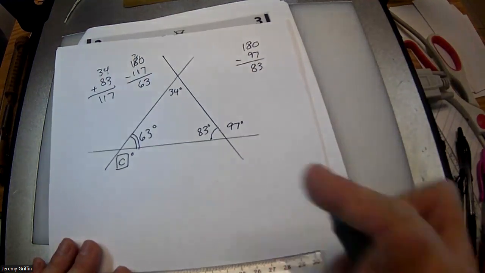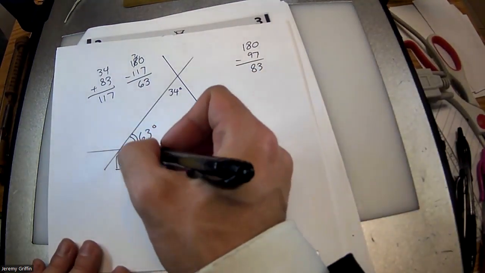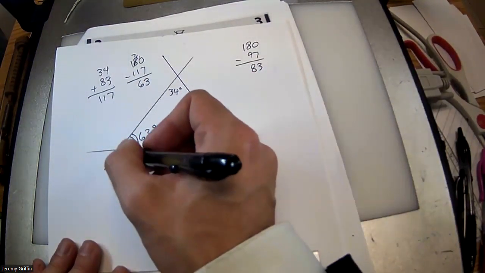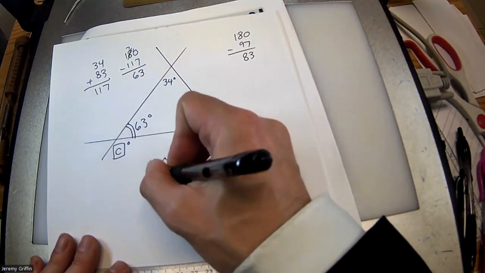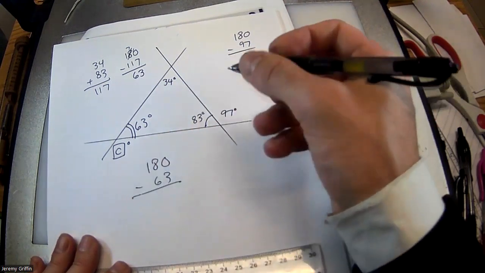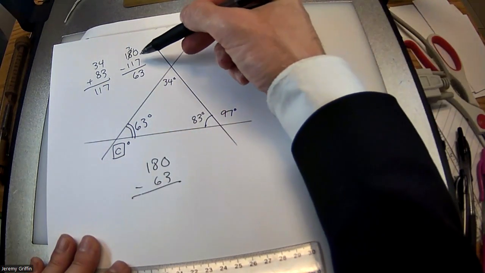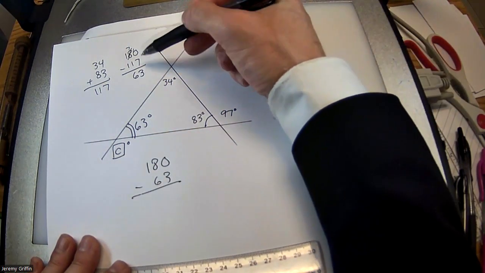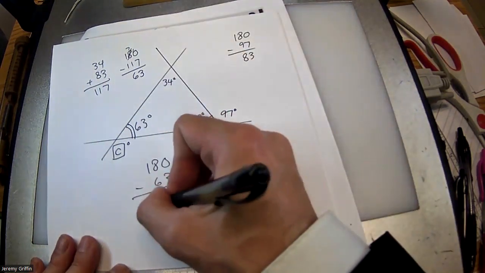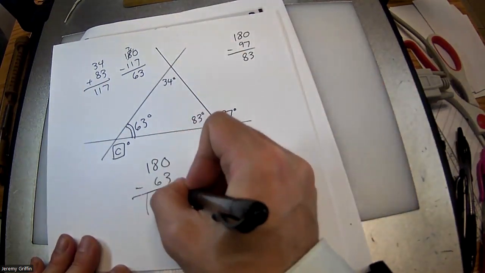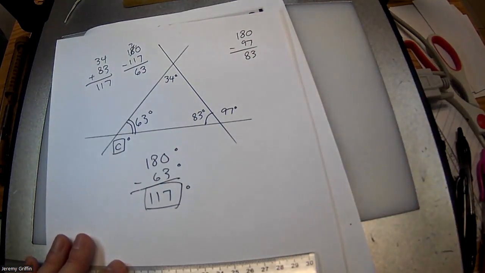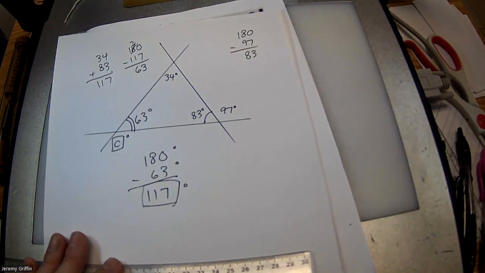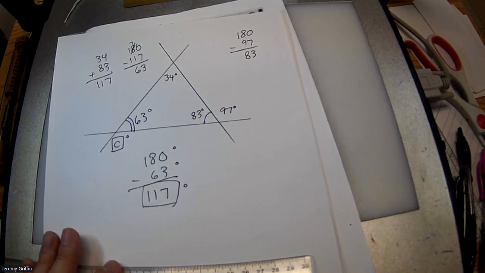Right. And then we're back to that first rule where these two guys must add up to 180. But you know what? I could do 180 minus 63, but it's something that you kind of already have because 180 minus 117 is 63. Therefore, what's 180 minus 63? 117, which is the answer. Okay, 117 degrees. Right, you guys got it? Right, so the answer is 117.